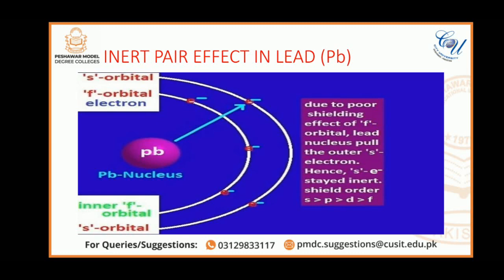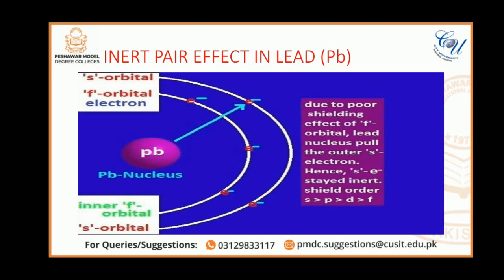Here in the slide, you can see the inner f orbital and the s orbital. And if we talk about shielding effect, the shielding order is that S subshell has more shielding than P, which has more shielding than D, and which has more shielding effect than F. It means that D and F orbitals have poor shielding effect.